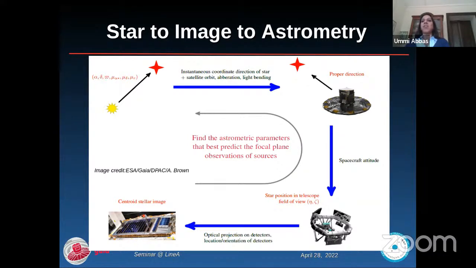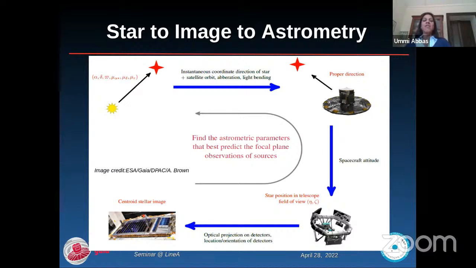Then we have the spacecraft attitude that determines how the satellite is observing, essentially. And then we obtain the field angles, which are this eta and zeta in the field of view of the telescope. And essentially, the centroid stellar image is what is obtained in the focal plane.